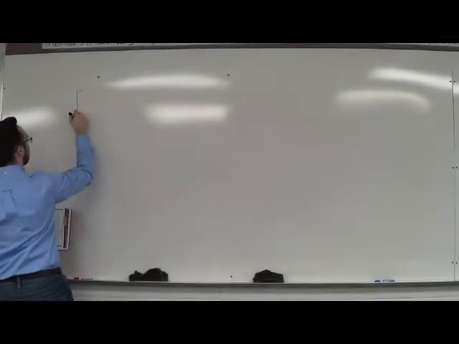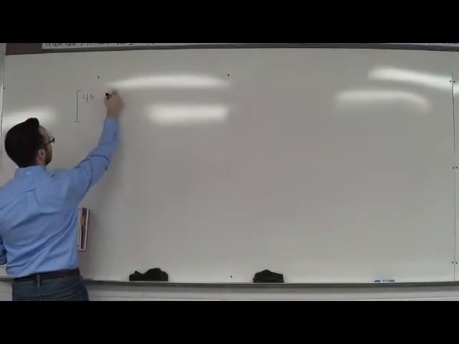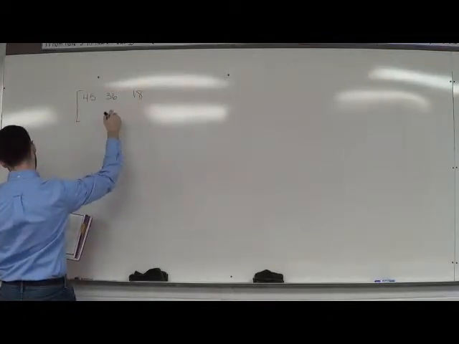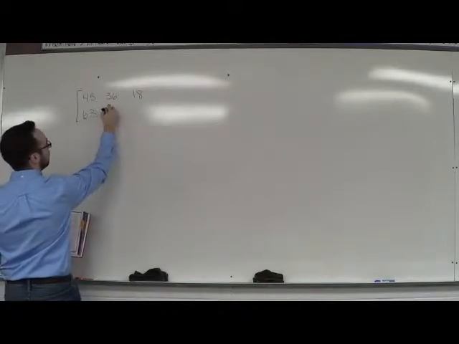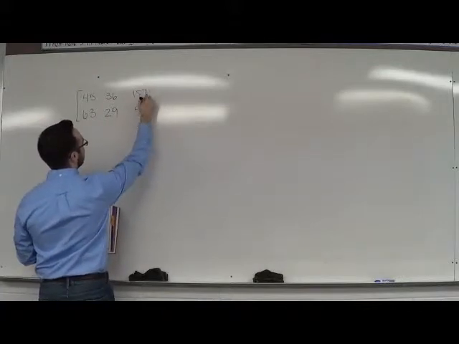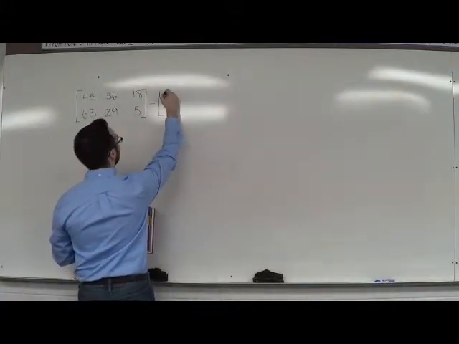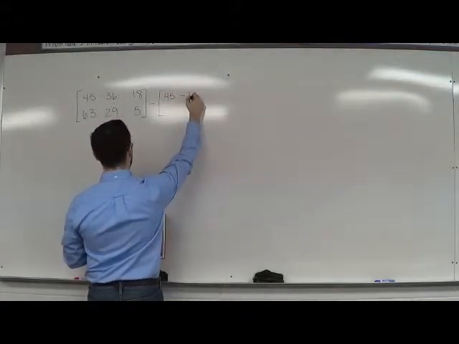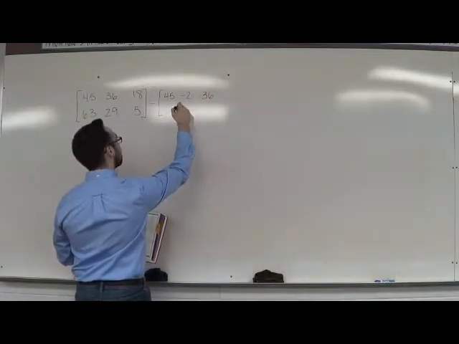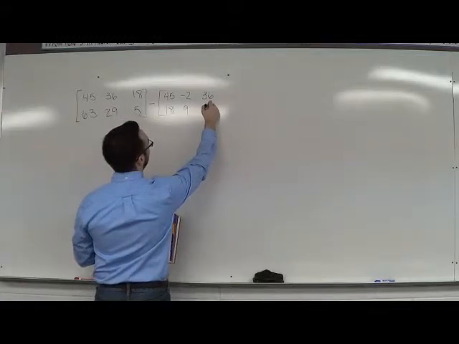So we're going to have 45, 36, and 18, with 63, 29, and 5. And we're going to subtract away 45, negative 2, and 36, 18, 9, and negative 10.